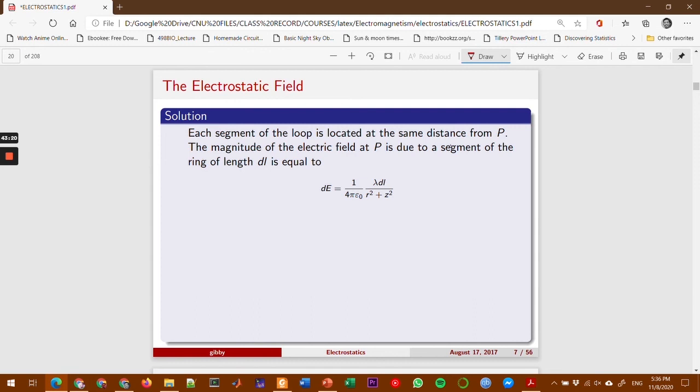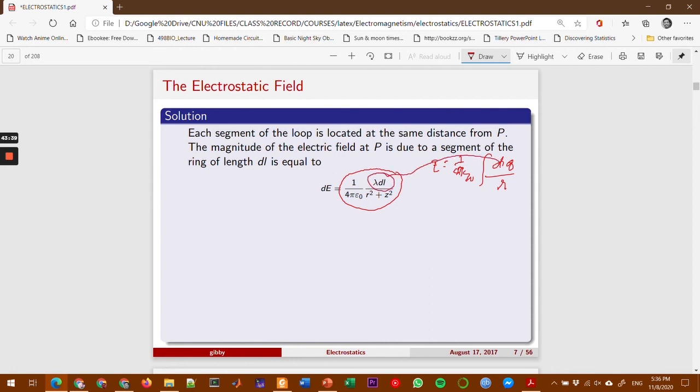So this is the solution. We have dE, and this is the equation from the electric field: dq over R squared, where dq is given by this one.